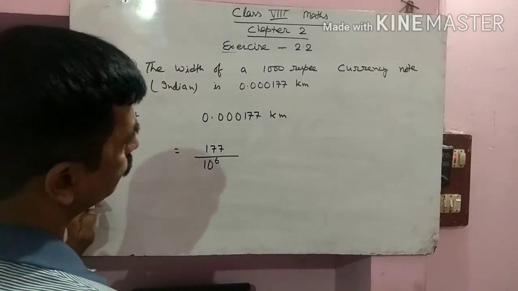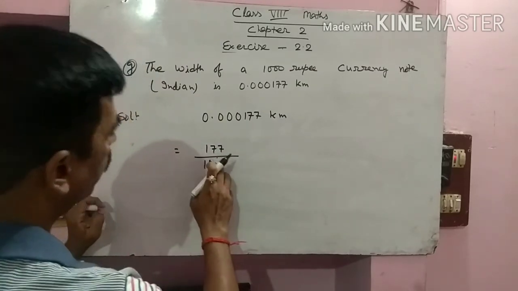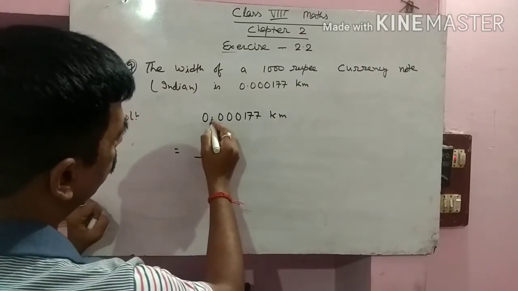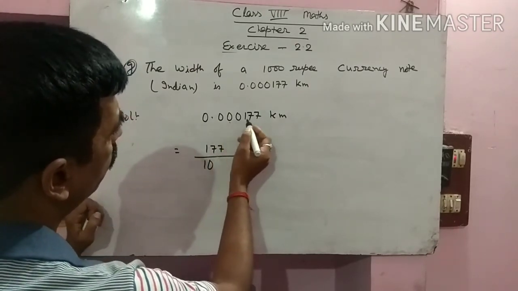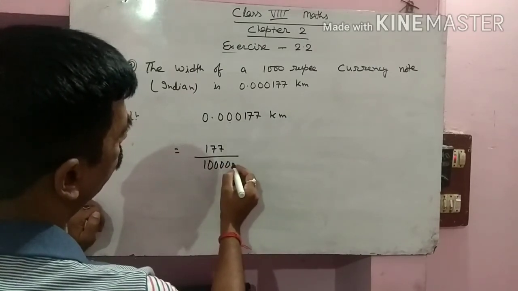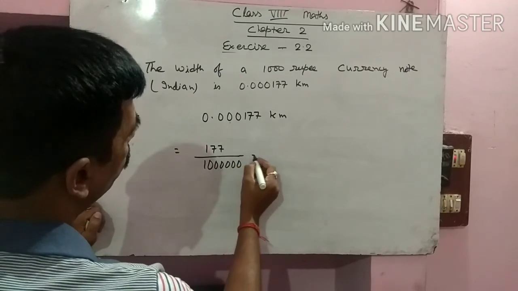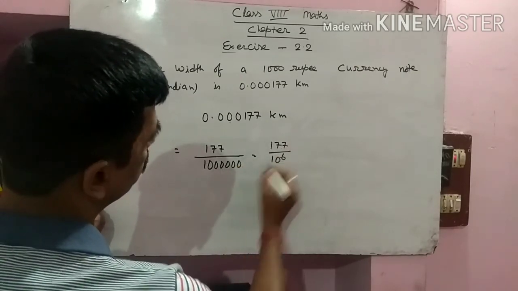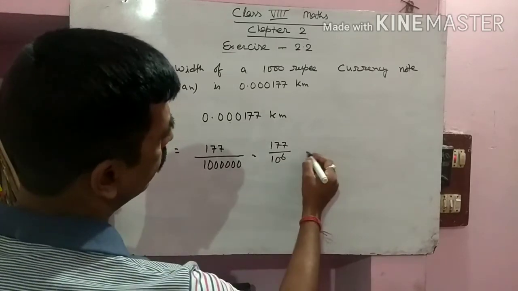Or if there is any problem, you can just put 1 for the decimal, then 6 digits, so 6 zeros. So you can write 1.77 by 10 to the power 6 like this.